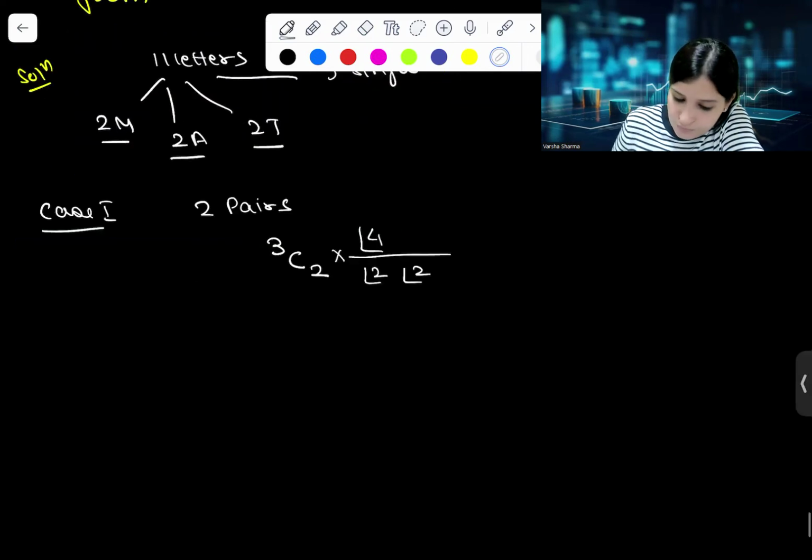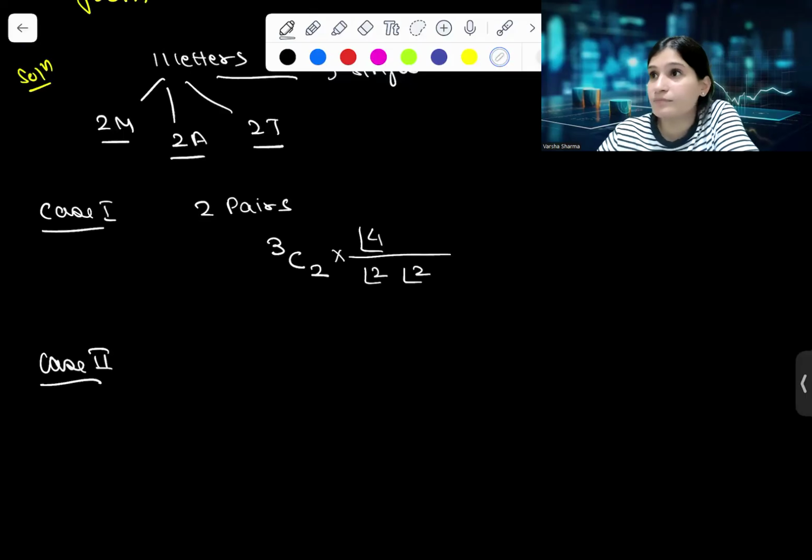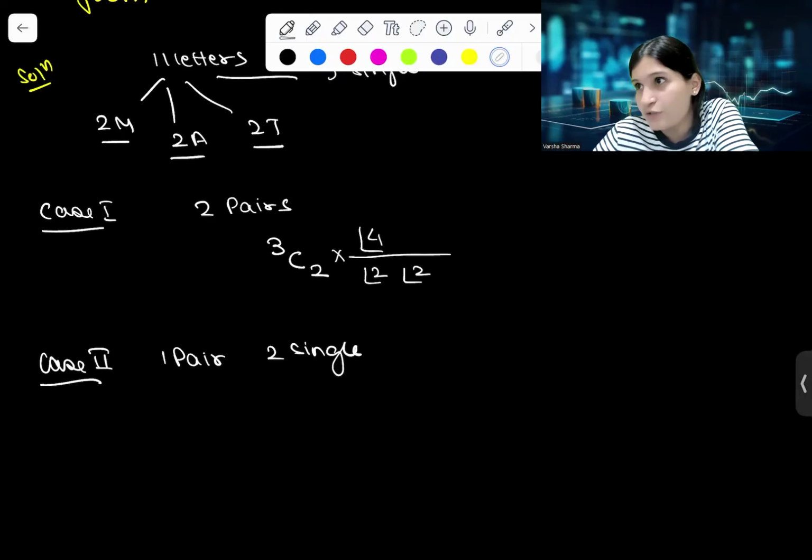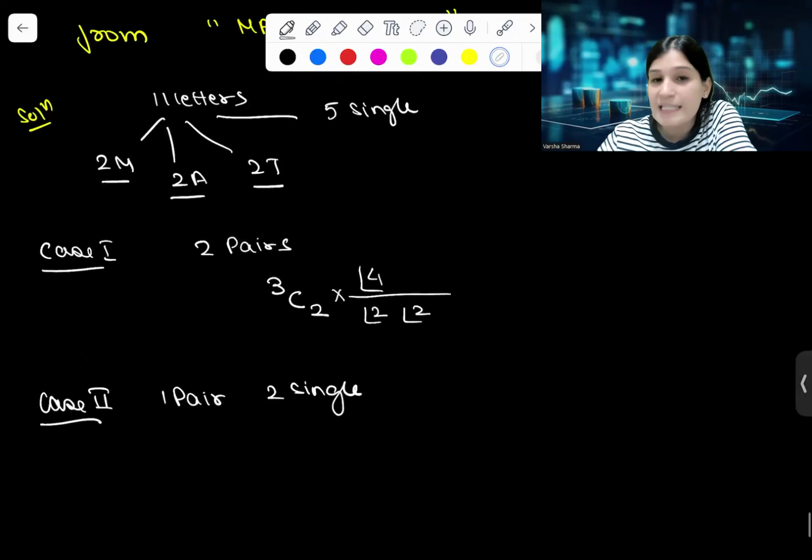What will be case 2? There's something in between also. I can have 1 pair and 2 singles. I can have that also. There's only one repetition. So select a pair.